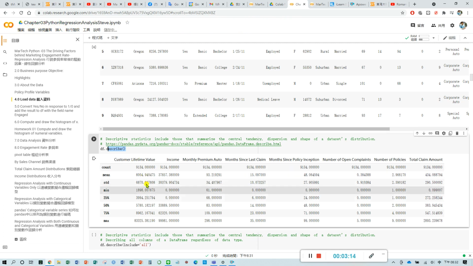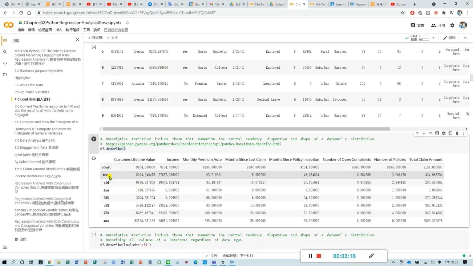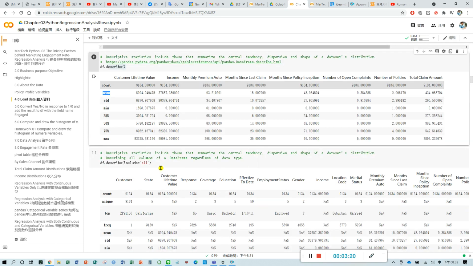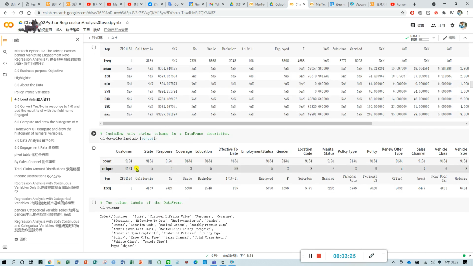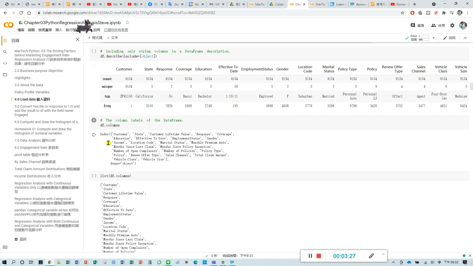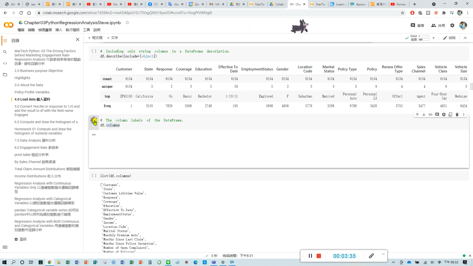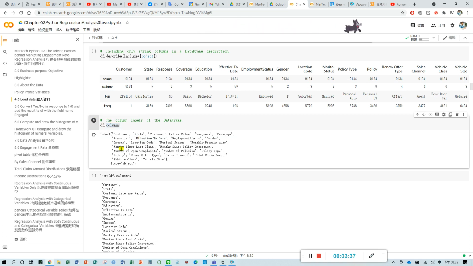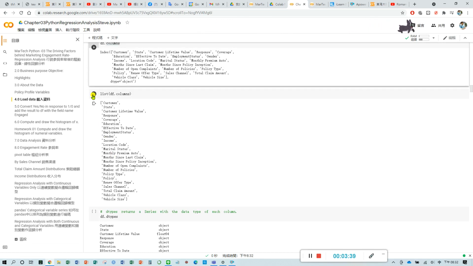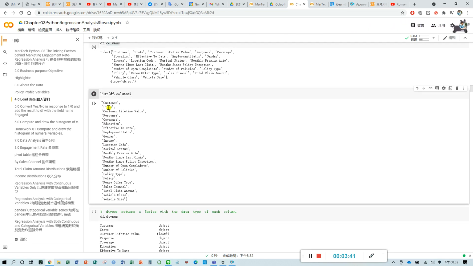It will calculate the mean, the average for the observations. Okay, so what else? What is this one? Columns. It means column names, the variable names for each column. Also, you can make a list of your column names.